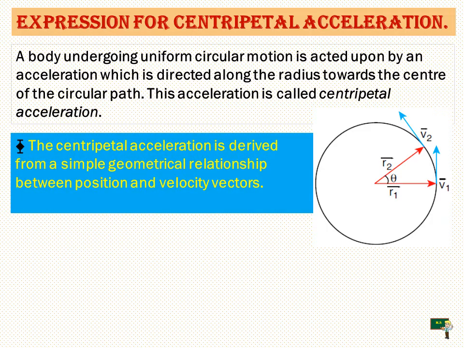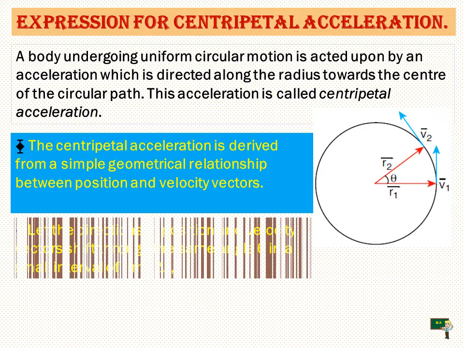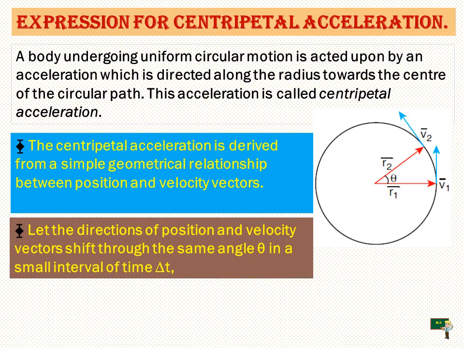Now, let us see the expression point by point. The centripetal acceleration is derived from a simple geometrical relation between the position and velocity vectors. Let the direction of the position and velocity vectors shift through the same angle theta in a small interval of time del t.